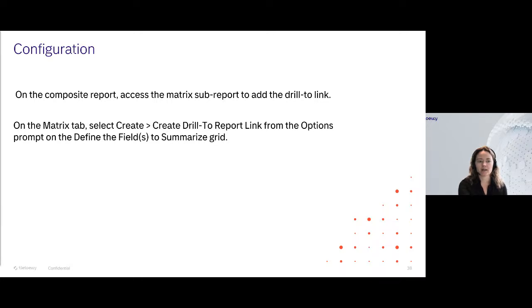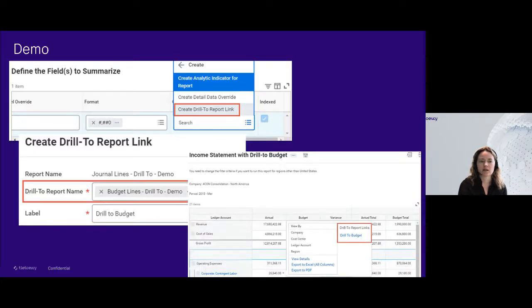Some notes for the configuration. I had the link for the notes in the beginning, and there were more detailed notes for the configuration. You can check if you want to go through those, but it is possible from the composite report to access the matrix sub-reports and add the link there. Here's a couple of pictures of how you find it.